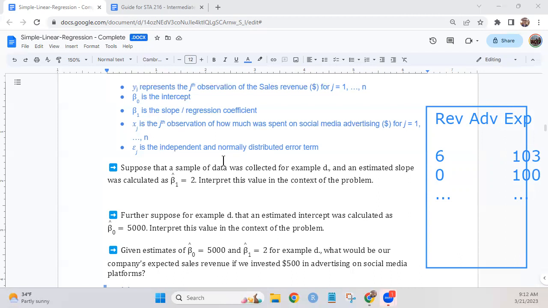And it's probably in like thousands of dollars or something. We're working for a big company. So our data looks like that.